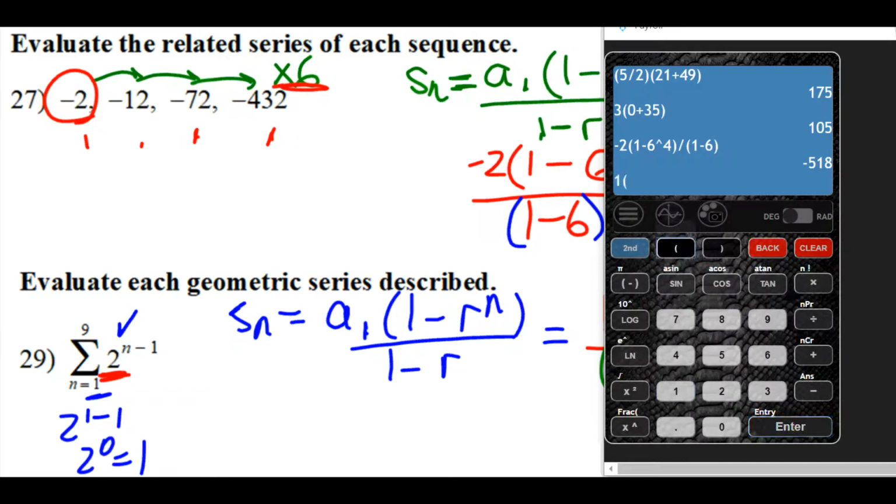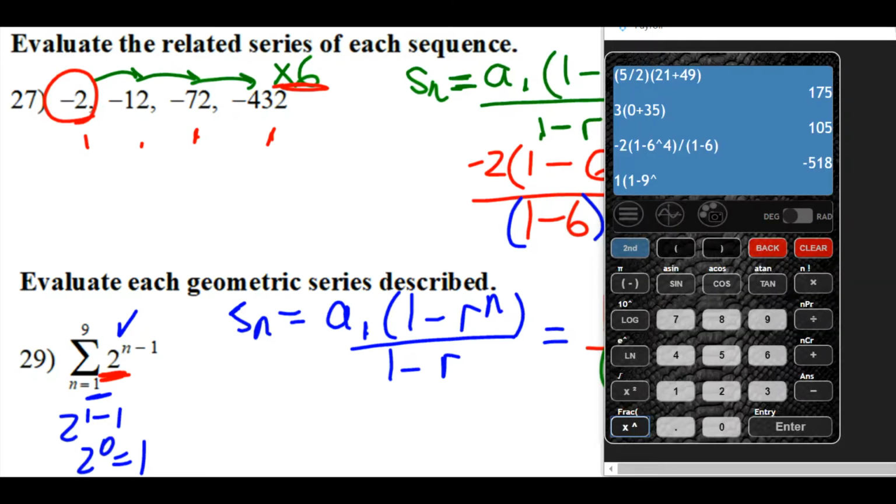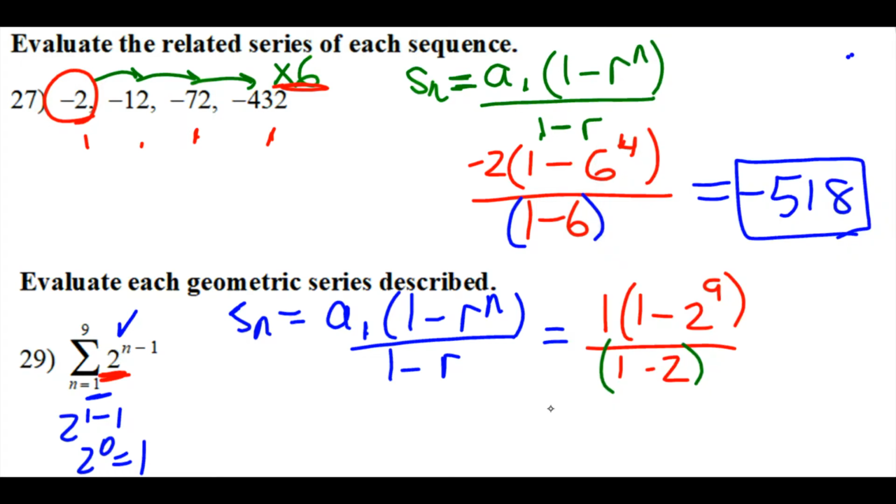We have 1 times 1 minus 2 to the 9th, all over parentheses 1 minus 2. Looks like we get 511. That's the sum.